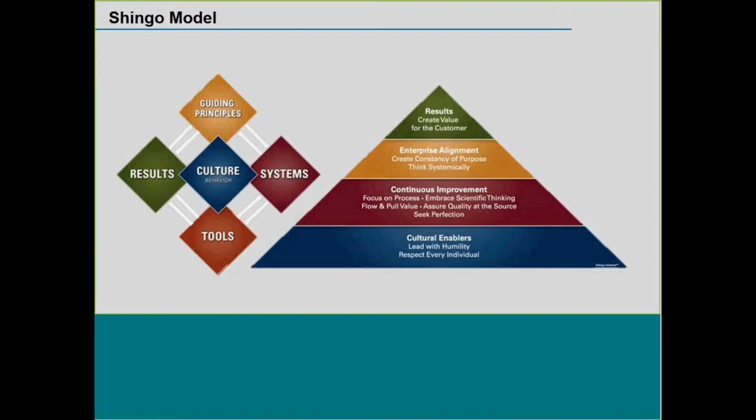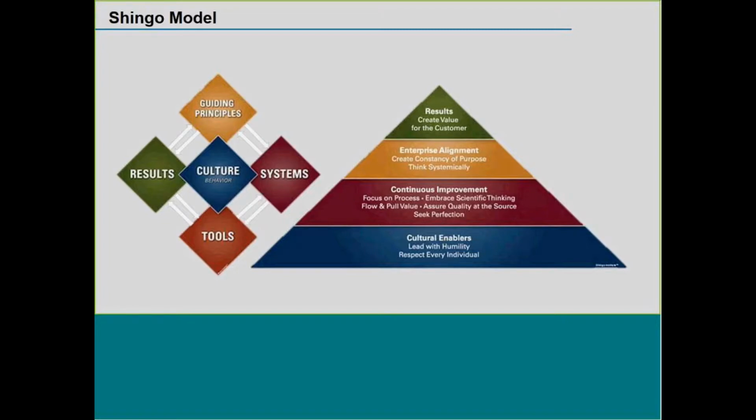And as we're focusing in on the process, and we start to understand that we need to reach across boundaries in order for the entire company to get lean, that's when the entire company will begin to fall in alignment with each other. Once we have that lean culture and people start thinking in a continuous improvement mindset across the entire enterprise, that's when we will begin to create value for our customers and yield our results.